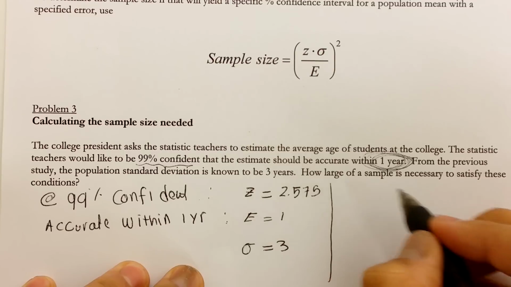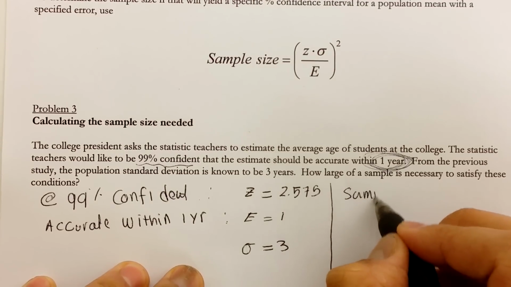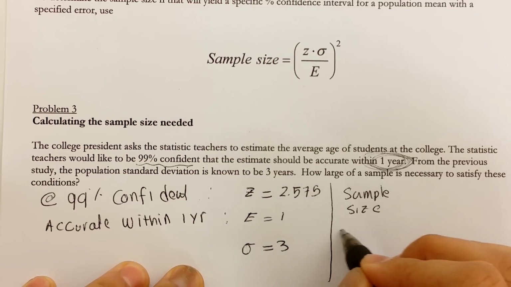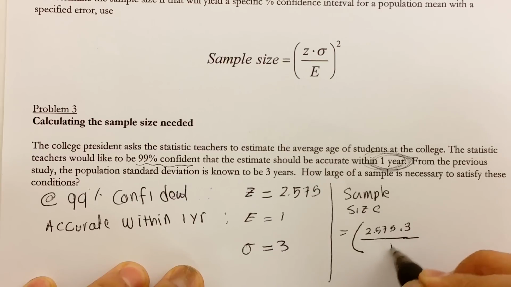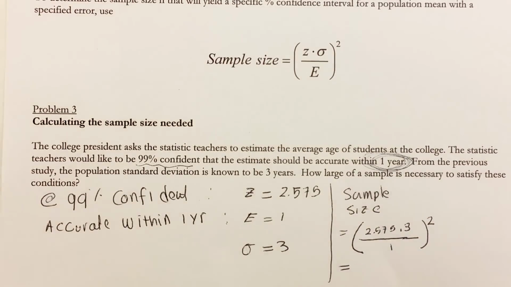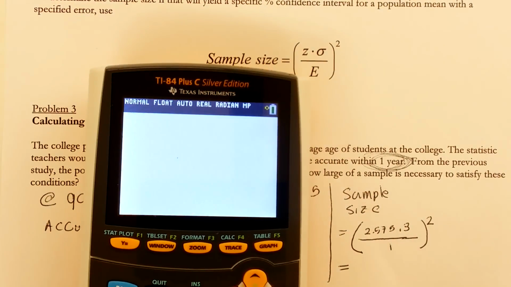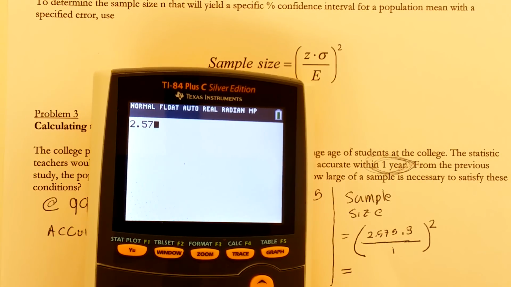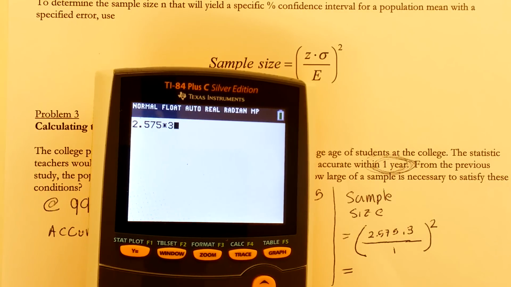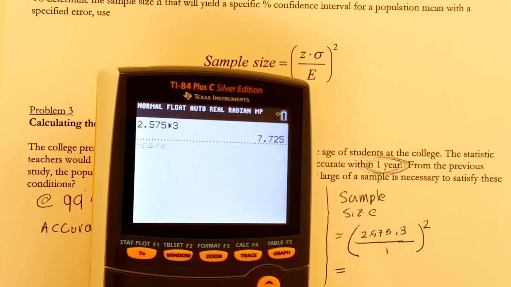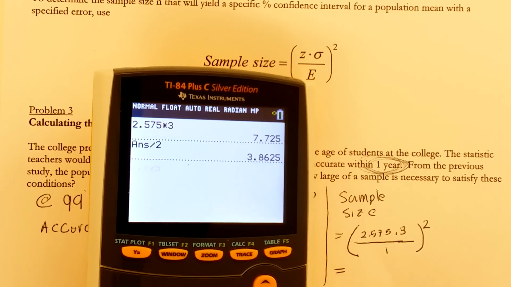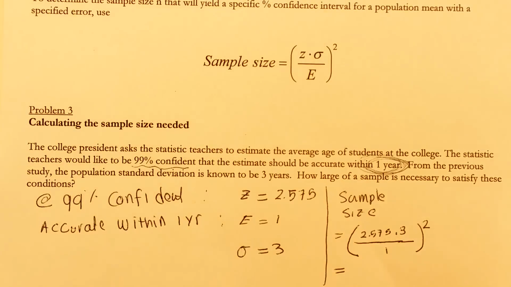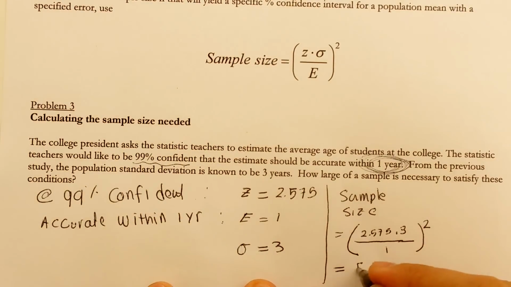And all we have to do now is plug it into that formula. So the sample size is going to be 2.575 times 3 over 1, squared. Okay, so let's do the math and see what we get. 2.575 times 3, and I'm going to square that. I'm looking at about 59.6.